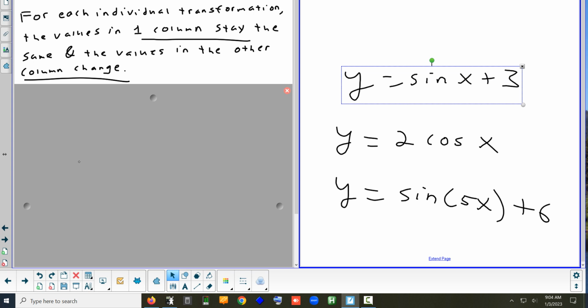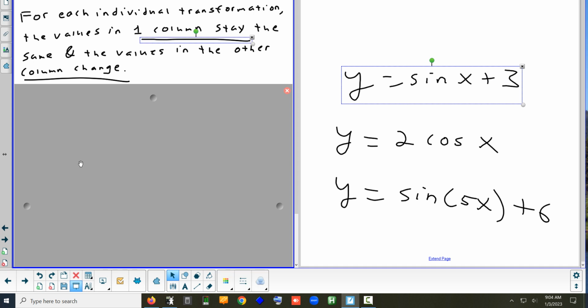What value of a coordinate would be affected by shifting it up or down? The x or the y? Yeah, the y. So if we shift something up and down, the y value would change, and the x column would stay the same. Now, if we do 2 things at once, we might change both columns, but we'll save that for probably Wednesday or Thursday.